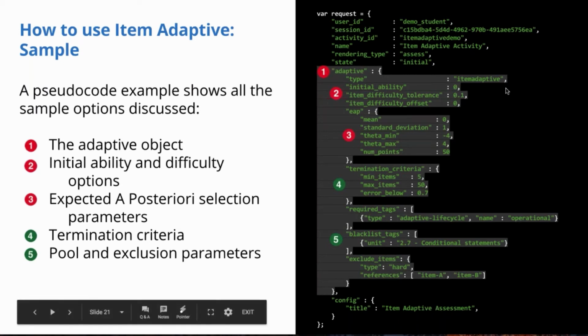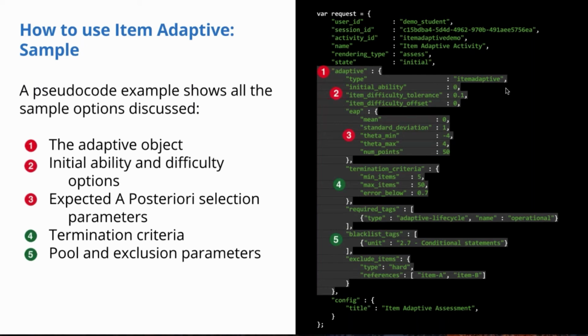So now within the highlighted area, this is the adaptive object we talked about before. We used to see item branching. We now see item adaptive as the type. We are starting off with an initial ability for the student, again, right there in the middle of the result of 0, an item difficulty tolerance of 0.1, an offset of 0. We're not changing that difficulty for a particular student taking this assessment, that expectation rather.